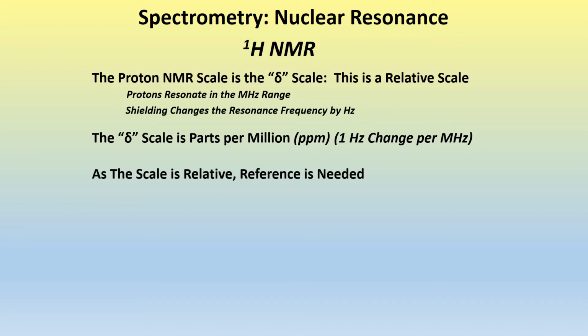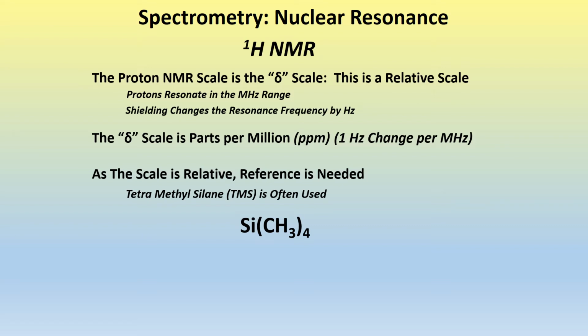Since the scale is relative, a reference is needed to measure against. The compound tetramethylsilane, or TMS, is usually used, depending on solubility. The formula of TMS is Si(CH3)4. A tetrahedral silicon surrounded by 4 methyl groups.